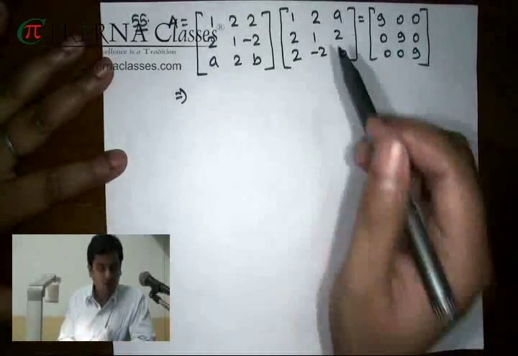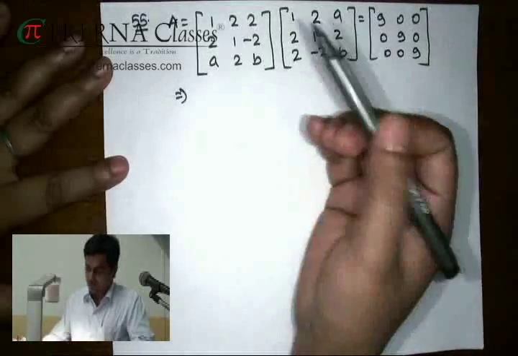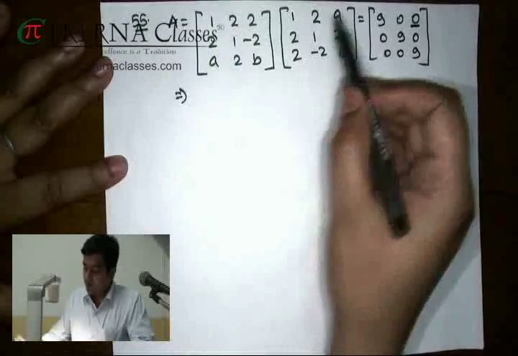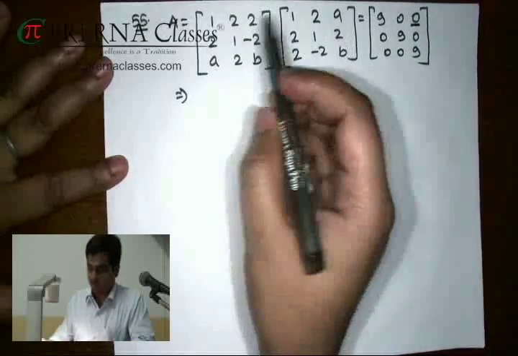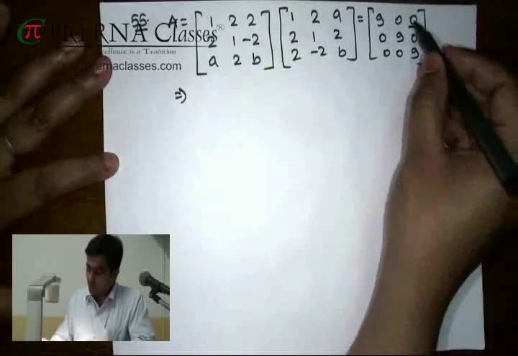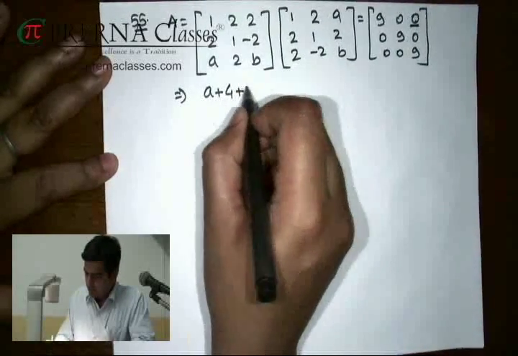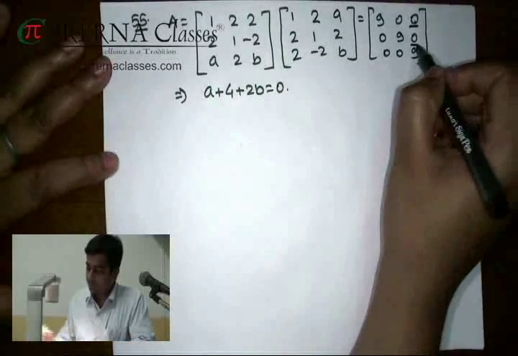And then we have to find out the values of A and B. In order to manage the values of A and B, it's better if you compare this particular element, because that is going to automatically involve A, B and 1, 2, 2. If I consider that particular case, you can check that is going to give you this particular equation, which is going to match with 0.